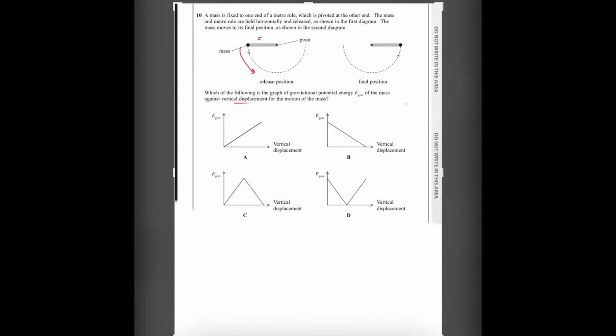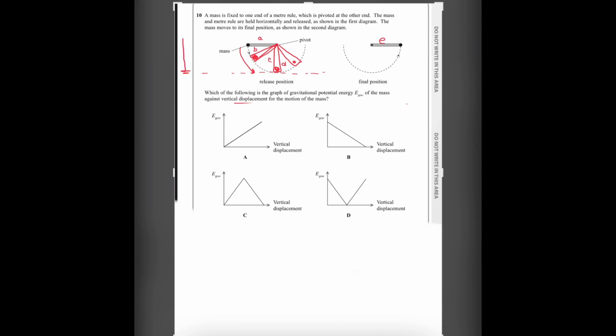So this we can label as scenario A, this might be scenario B, this is the mass, this might be scenario C, this might be scenario D, and this is scenario E. So in scenario A, the vertical displacement is 0, but this is the maximum which the mass can travel downwards.